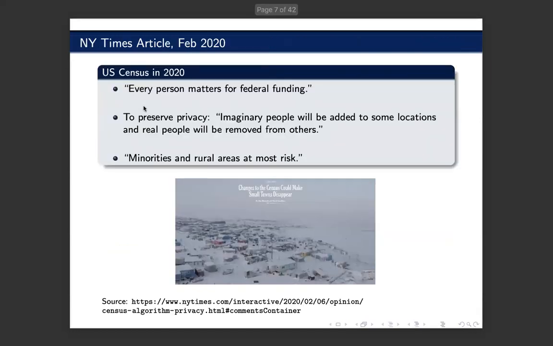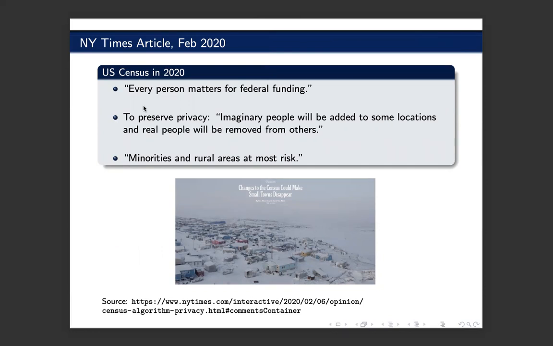This article was published in the New York Times, where the title reads, I don't know whether you can see it, "Changes to the census could make small towns disappear." And these are quotations from that article, which says every person matters for federal funding.